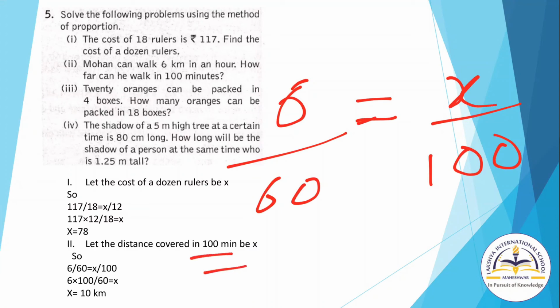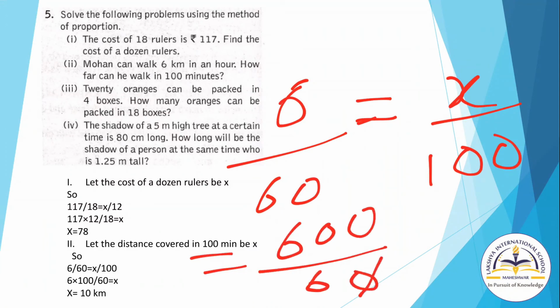So 6 into 100 means 600 by 60. Cancel the zeros. Now when you will solve them, you will get 10. So x equals 10 km.